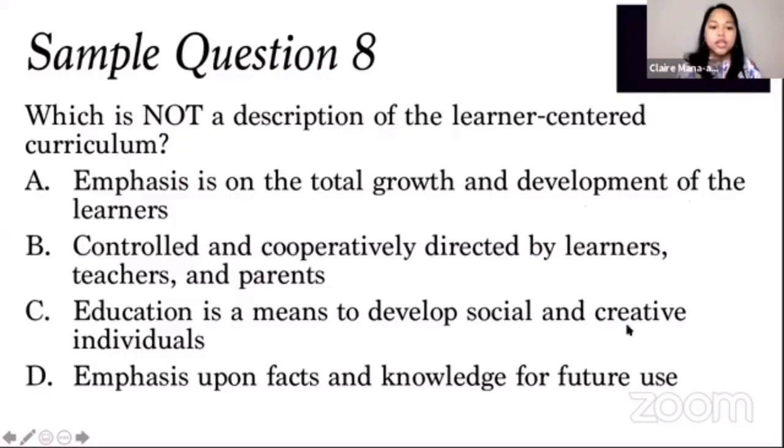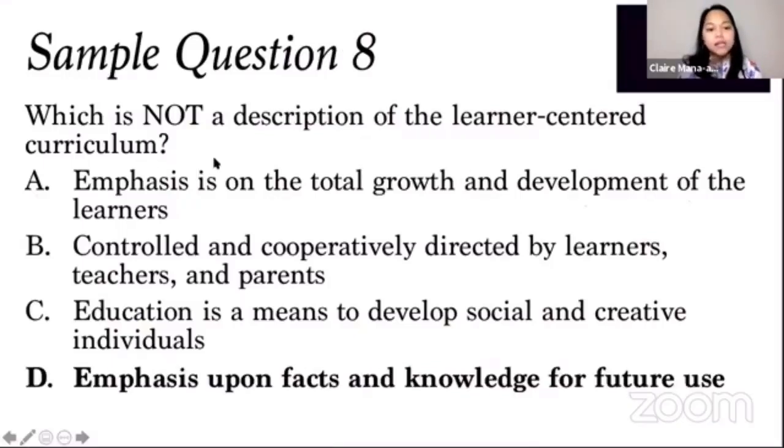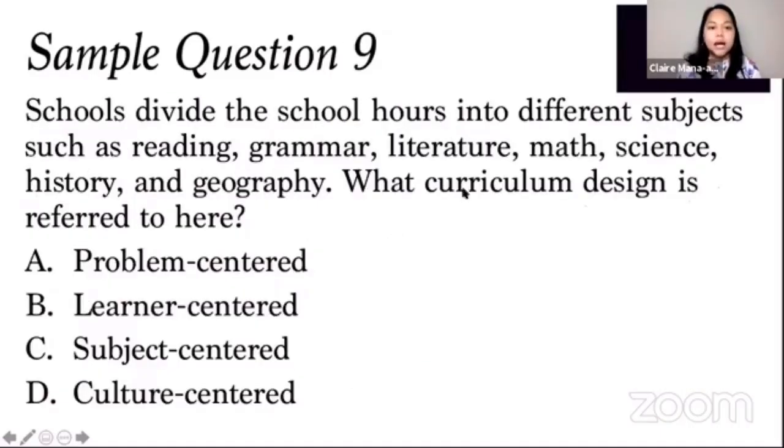Letter C, education is a means to develop social and creative individuals. Letter D, emphasis upon facts and knowledge for future use. Which one is the correct answer for number 8? Correct answer, of course, would be letter D, emphasis upon facts and knowledge for future use. That is not included in your learner-centered curriculum. Okay, very good. Now we go to the next sample question.